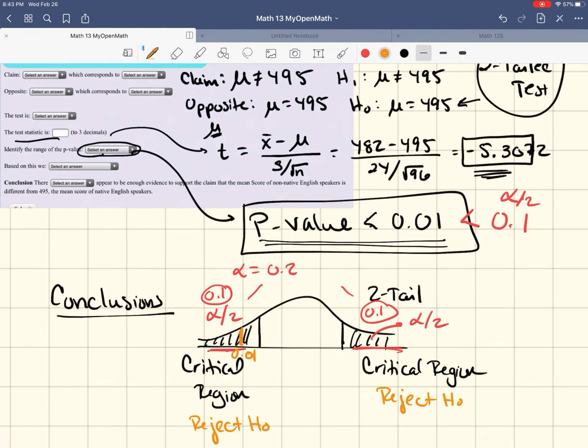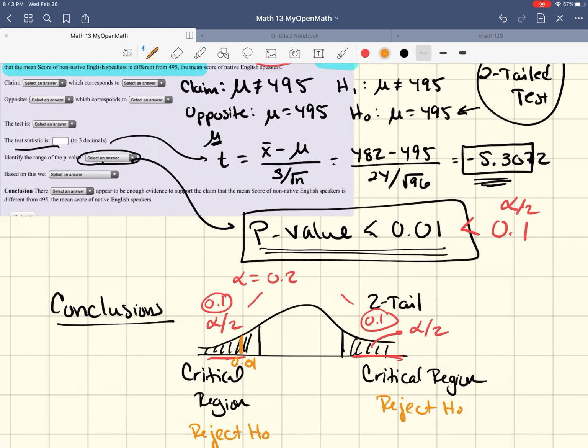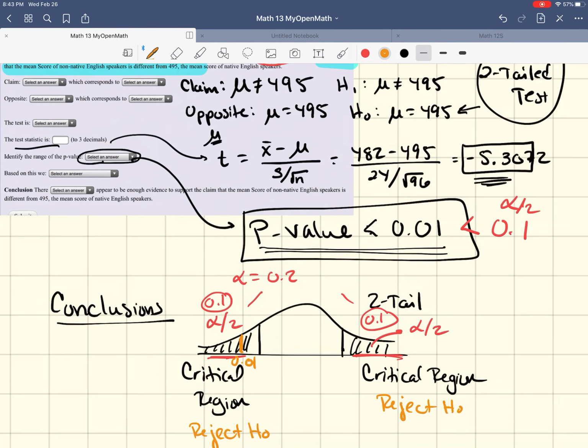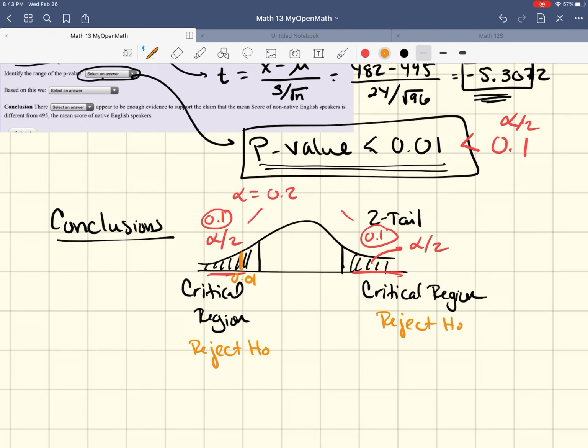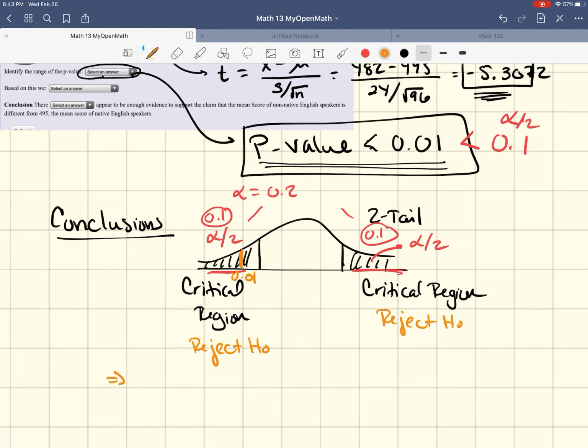Okay, let's remember what that meant, because I know I have forgotten where we started. Our null hypothesis was that the mean is equal to 495. We need to reject that, which means that the opposite is supported. Well, the opposite happens to be our claim.